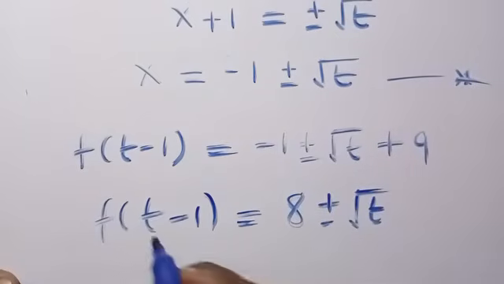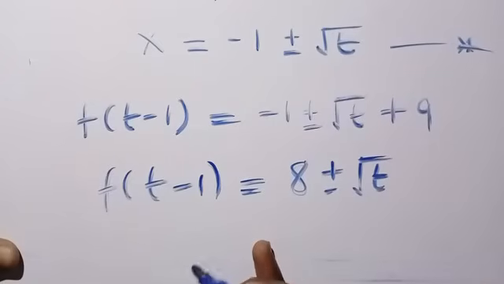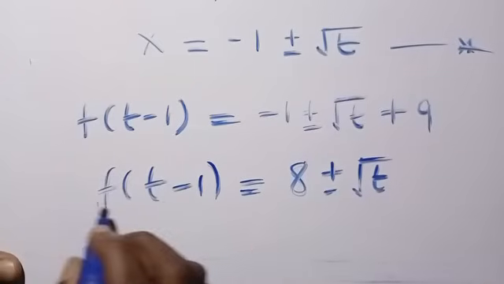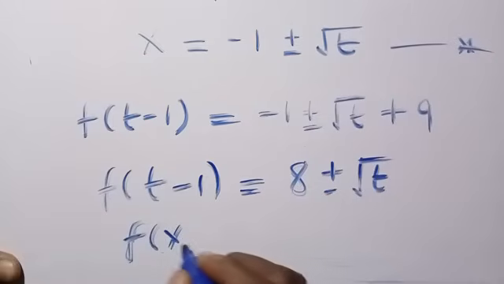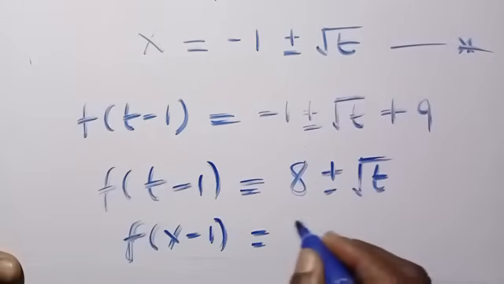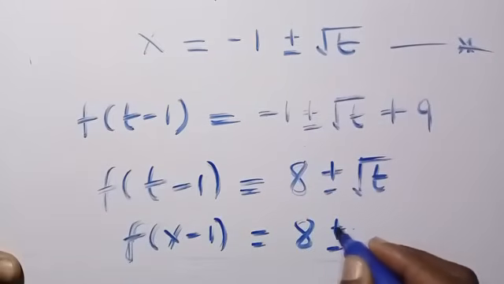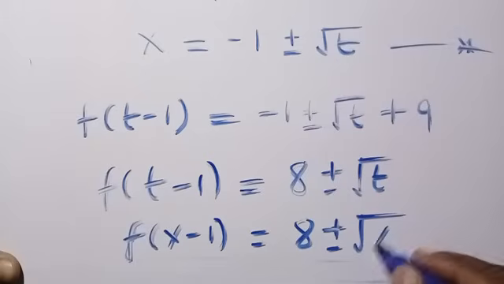But the question here is, we need to find f of x. And both x and t are members of the real numbers. So we just change this t to x, as we have f of x minus 1 equals 8 plus or minus the square root of x.